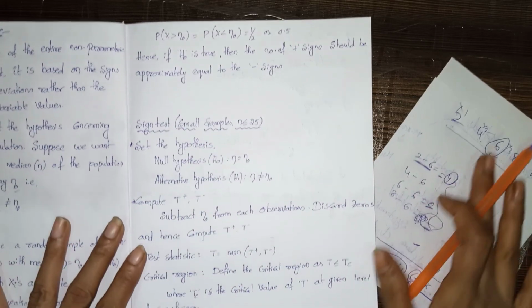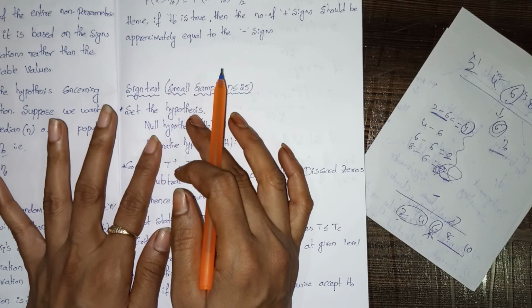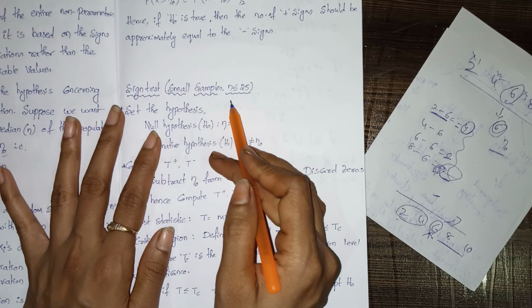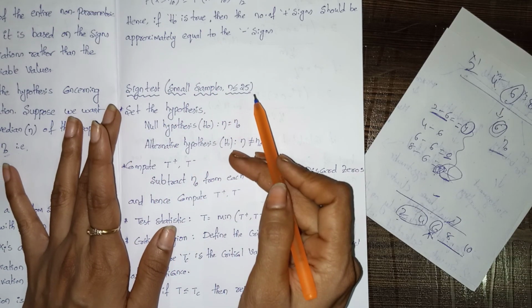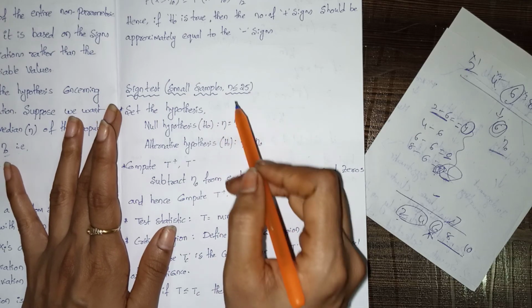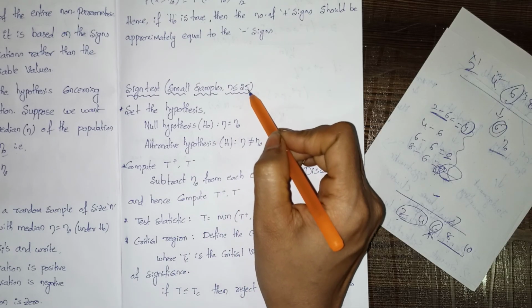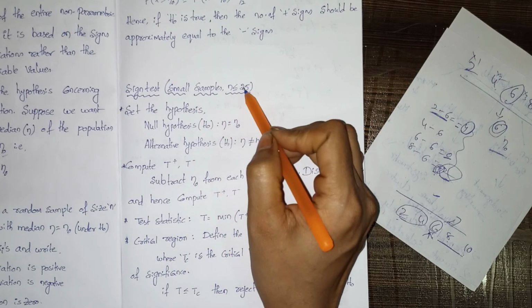Now we'll see: we have two kinds of samples, large sample and small sample. Actually, large sample means n greater than 30, and small sample means n less than 30. But in the sign test we don't treat small sample as less than 30.